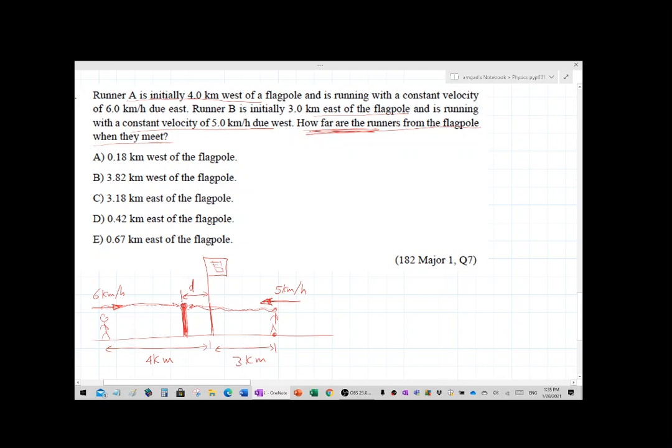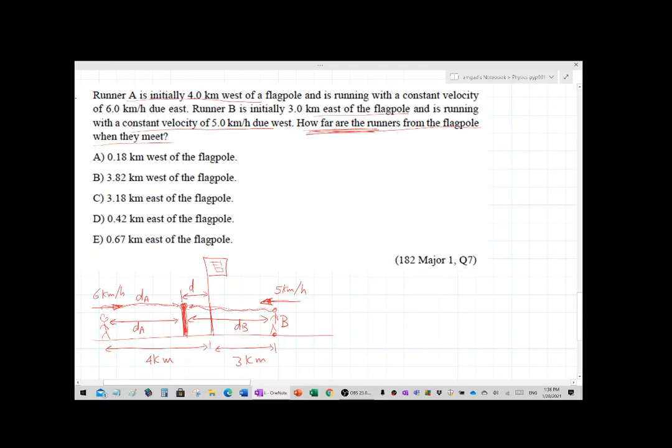Okay, what is the common here? When both run, the first guy A and the second guy B, they will run a distance dA and a distance, let me call it here, dB, and this one, he will cover a distance dA.